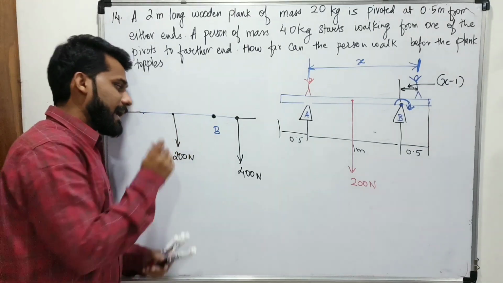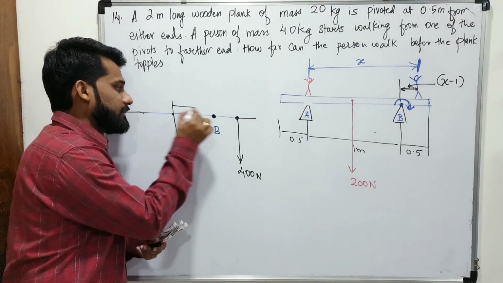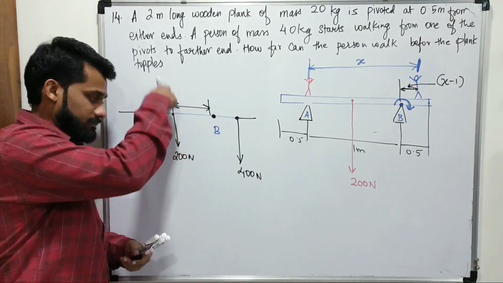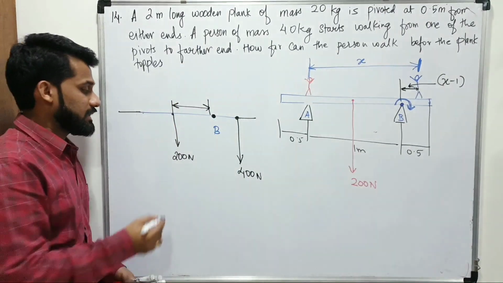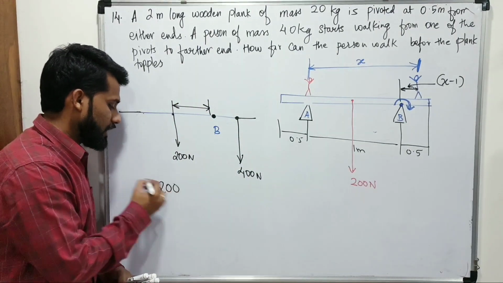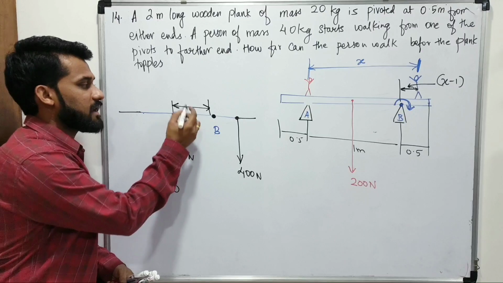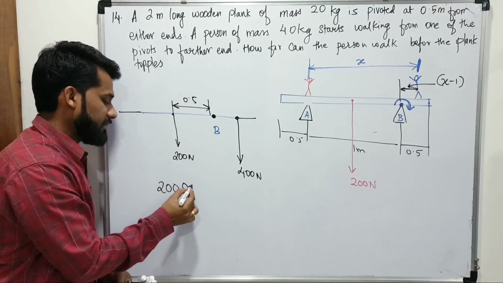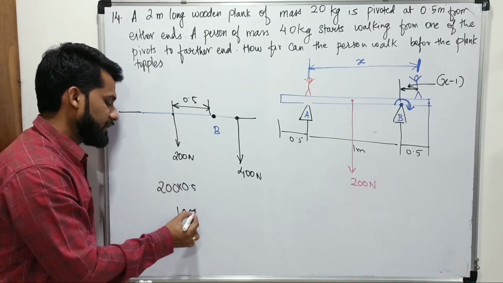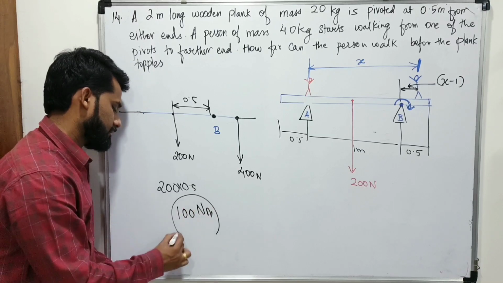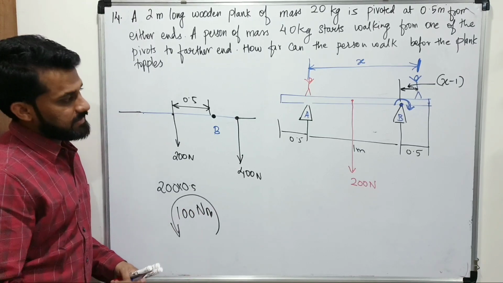So how much torque is the weight of the plank applying? The plank applies 200 into the distance, which is half, into 0.5, that is 100 Newton meter in the anti-clockwise sense.